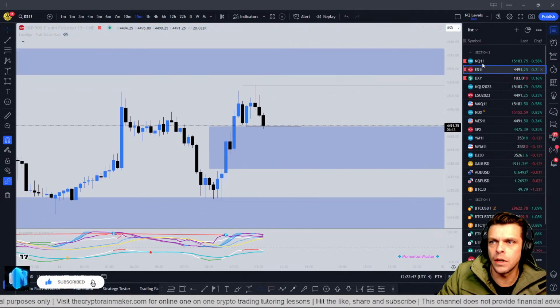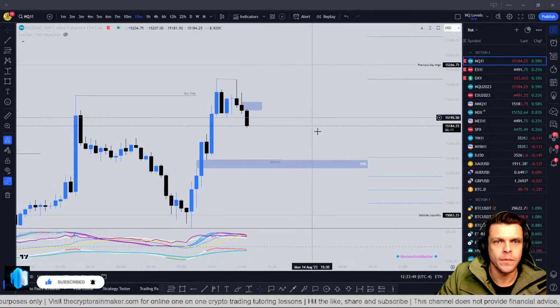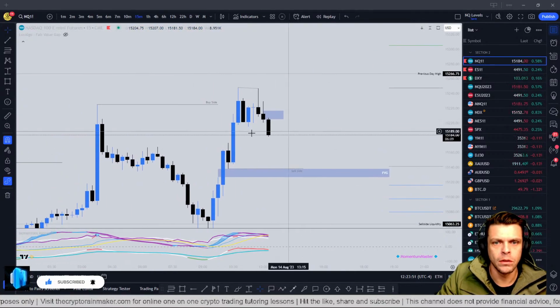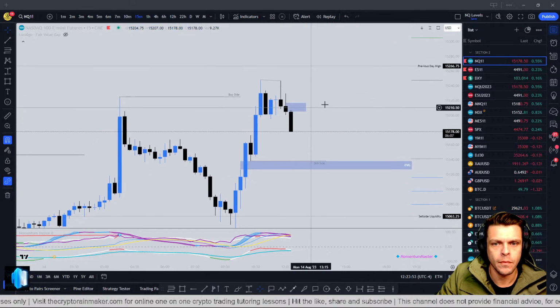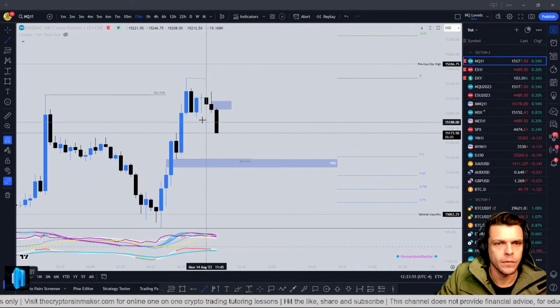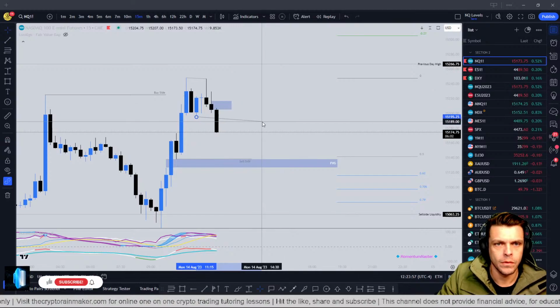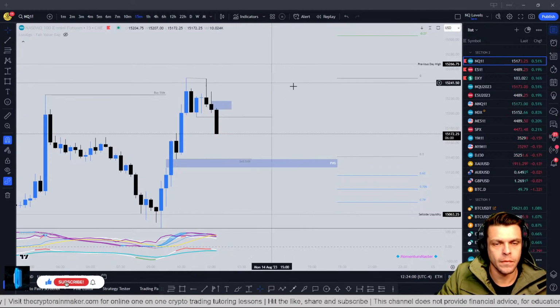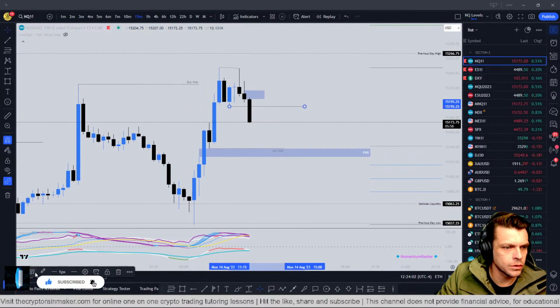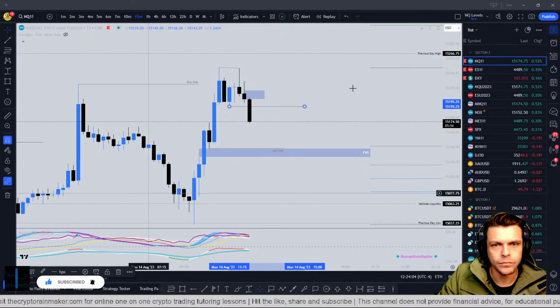So like I mentioned on NQ, okay, so now we're starting to displace below that low. Okay, so this is our market structure shift happening right now.